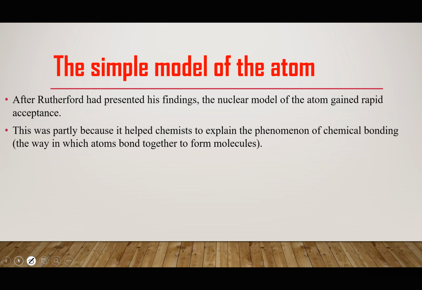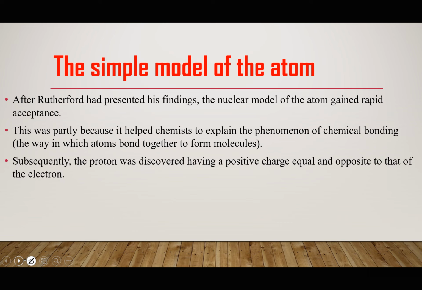Of course, after Rutherford's model, later on protons were discovered to be positively charged, equal and opposite to the charge of the electron. Remember, the charge of the electron was mentioned to be minus 1.6 times 10 to the power of minus 19 coulombs. Of course, different experiments were used to determine the charge of the electron, not the same alpha particle scattering experiment.